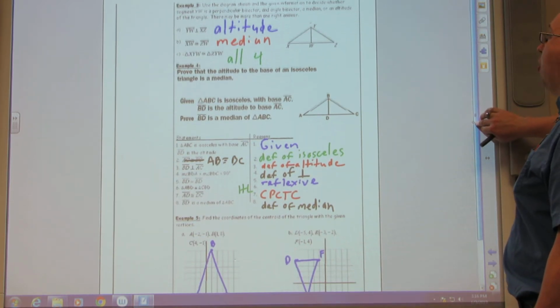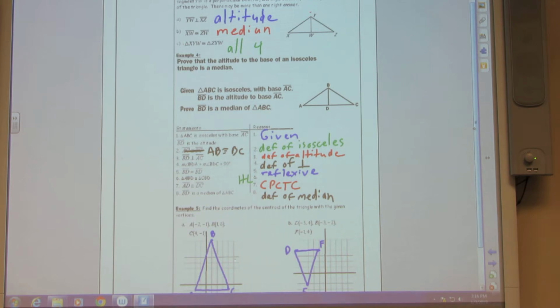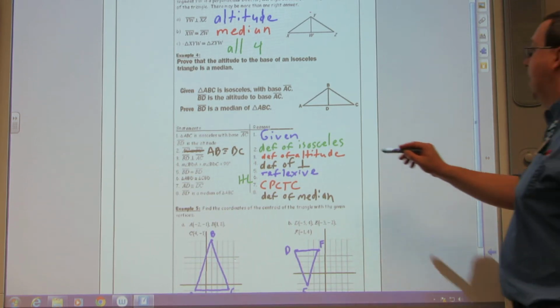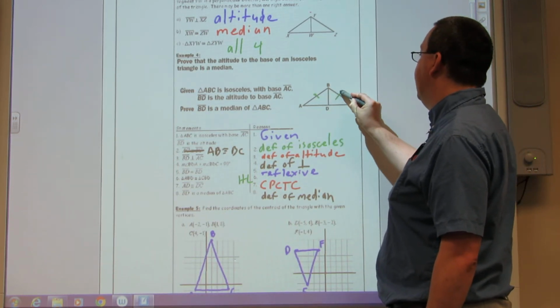Example 4 is probably harder than what we get into as far as doing a proof, but it is showing a proof that the altitude in an isosceles triangle is the median. All right, so I have my given information. Because they tell me it's isosceles, I know that two of my sides are congruent, AB and BC.